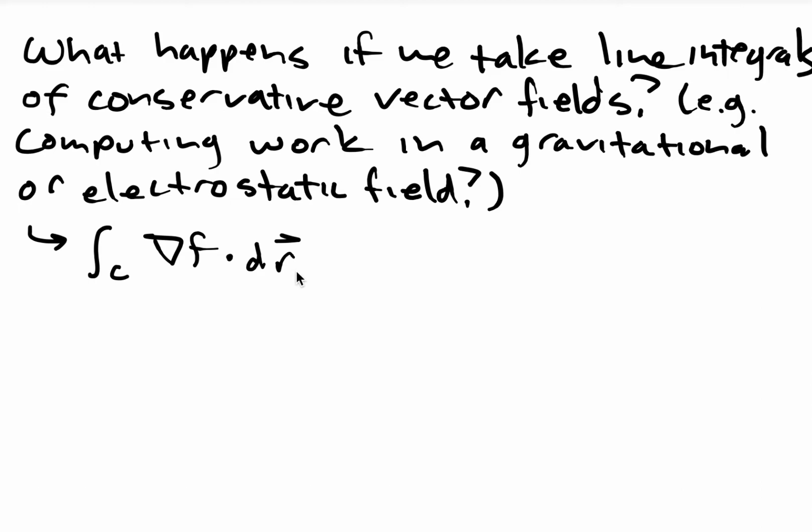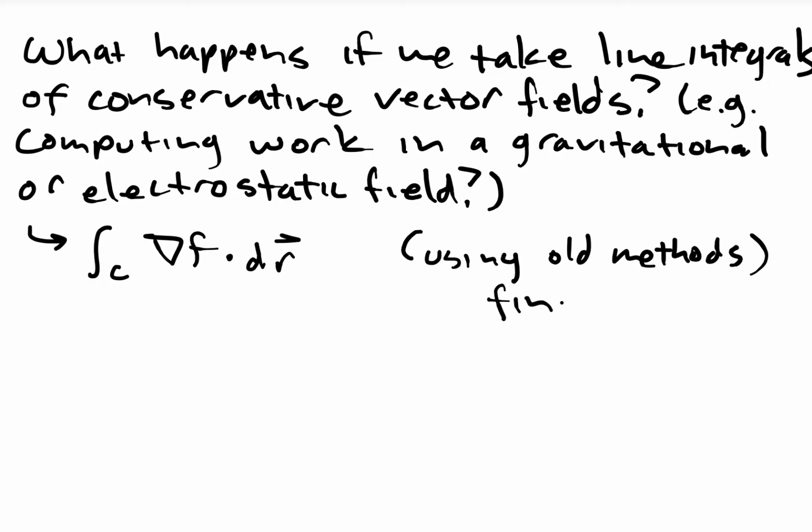Okay, so if I was trying to compute one of these, and I'm trying to use my old methods, with just what we know how to do right now, if I'm using my old methods from section 16.2, what that would have me do is find a parameterization.